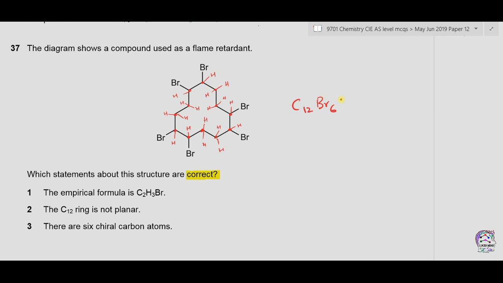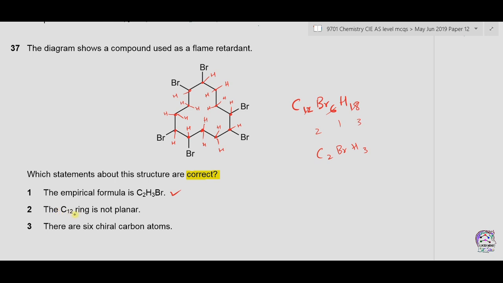So in total there are 18 hydrogen atoms. So the molecular formula is C12Br6H18. Let's find the simple ratio. So we can have 2 carbon atoms, 1 bromine atom, and 3 hydrogen atoms. So C2H3Br is the empirical formula, so it is correct.